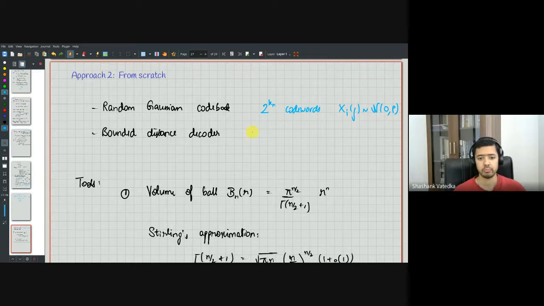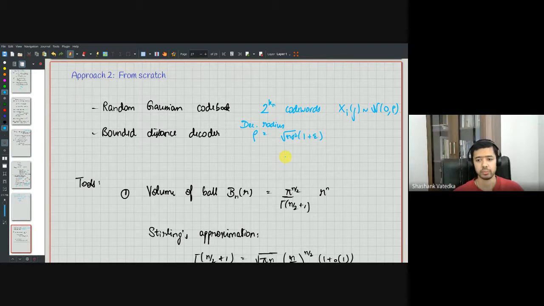And the bound we are going to use is the decoding radius rho, which is going to be equal to square root of n sigma square into some 1 plus epsilon, for some positive epsilon greater than 0.